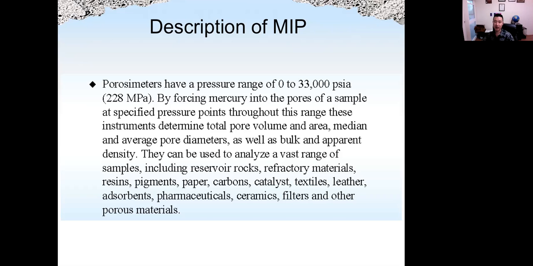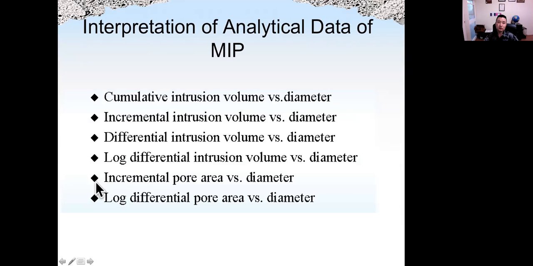Again, we can use MIP for rocks, cement, resins, any type of porous materials with pores inside. From MIP, we can get different types of volume versus diameter because we have a correlation between the diameter of the pores and the pressure applied on the mercury.